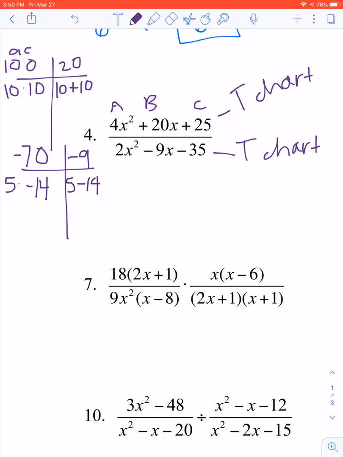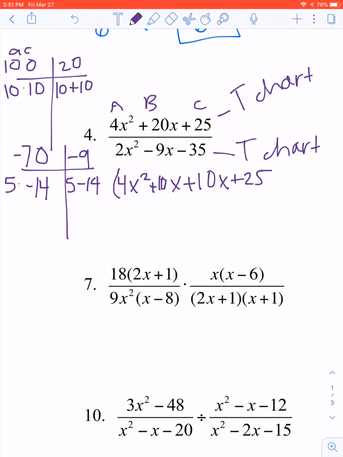Now we need to rewrite our fraction. We're going to rewrite our top fraction as 4x squared plus 10x plus 10x plus 25. Actually, let's not rewrite our bottom fraction yet.